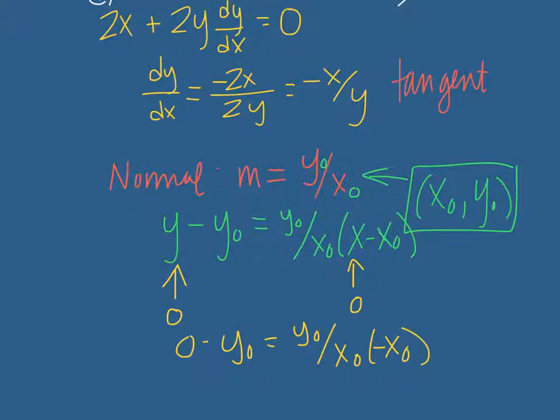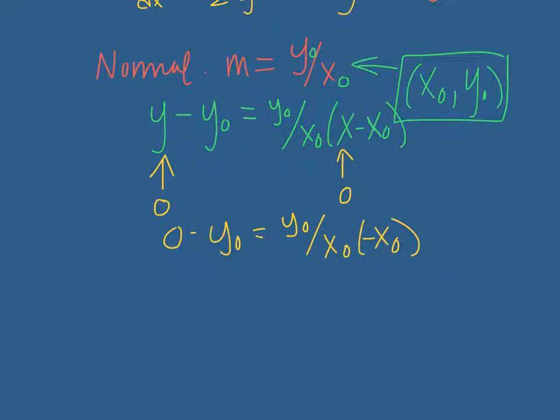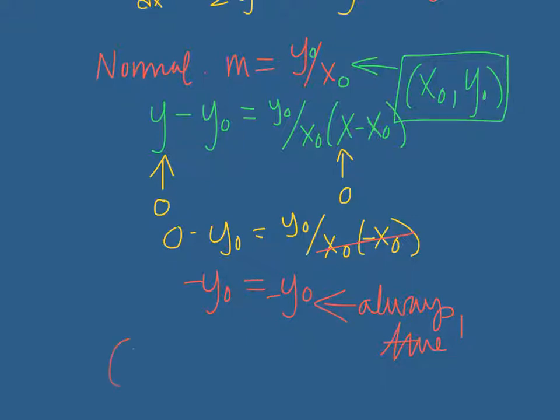Notice when I simplify this using algebra, x naught and negative x naught divide out, and I get negative y naught equals negative y naught, which is always true. So we just proved that no matter what point you're at on the circle, if you have a tangent line at that point, its normal line is always going to go through 0, 0. It's always going to go through the origin.